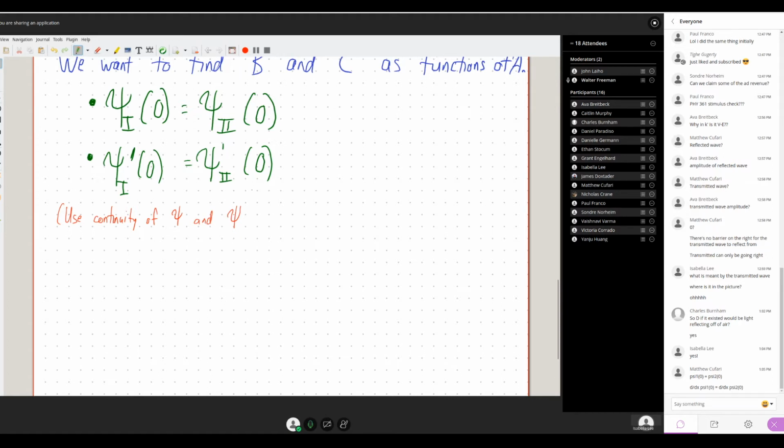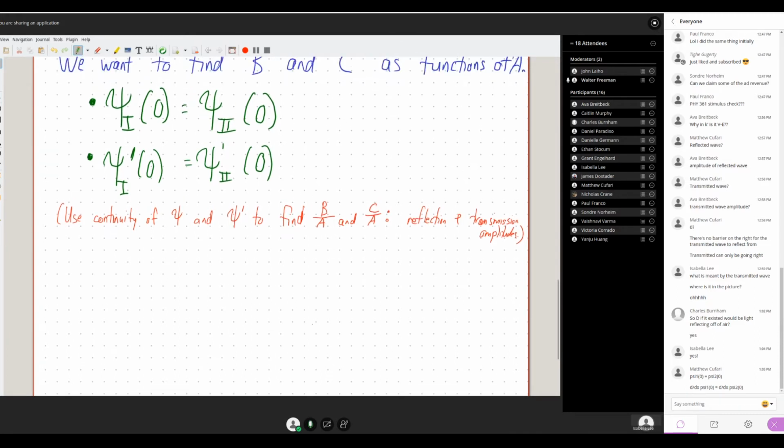Here, when I write psi prime, I mean the derivative of psi, to find B over A and C over A, which are the reflection and transmission amplitudes.